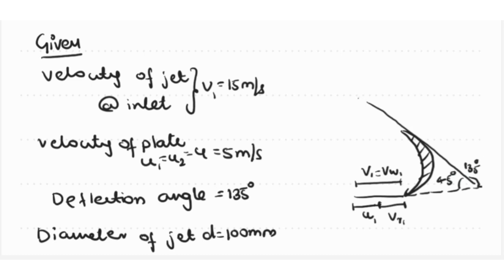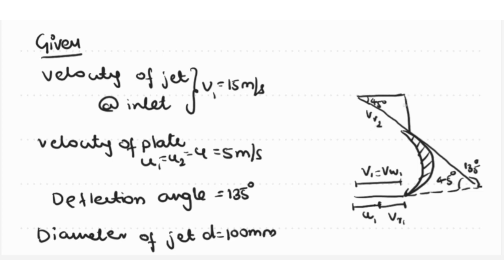So now we will draw the outlet triangle. So this is Vr2. This makes an angle of 45 degree, so that is equal to beta 2.